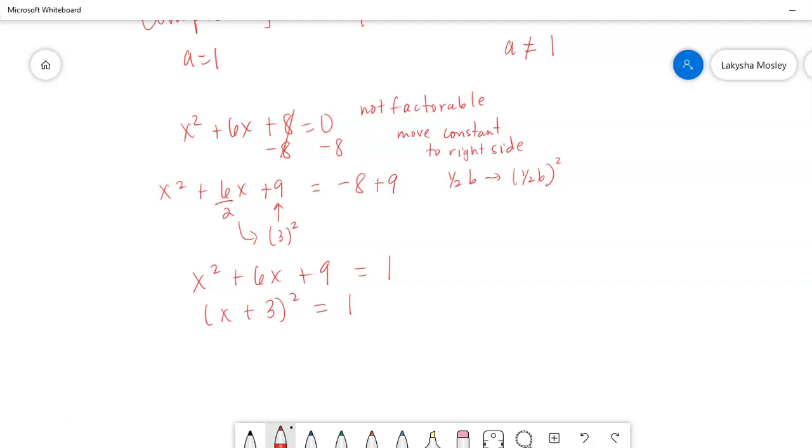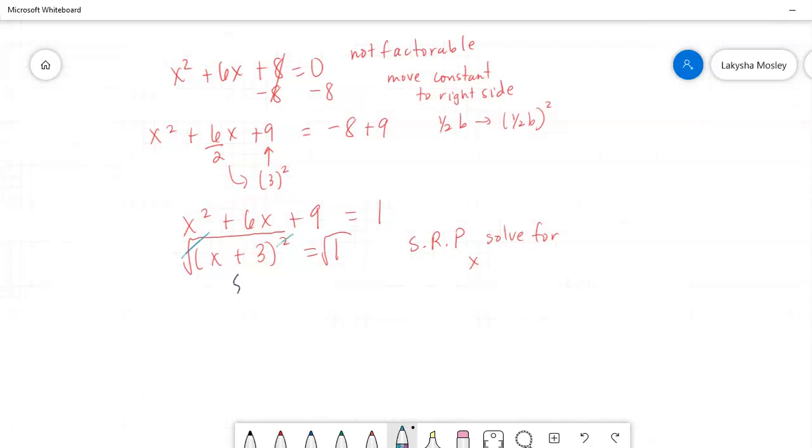And that's it. Now we're at the square root property, where I'm solving for x. I take the square root of this side and the square root of that side. The square and the root cancel out, and I get x plus 3 equals plus or minus the square root of 1, which is 1.